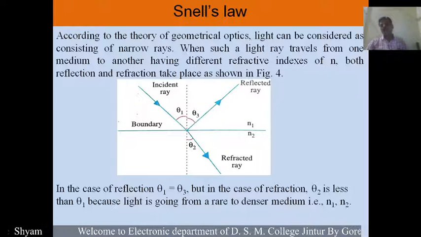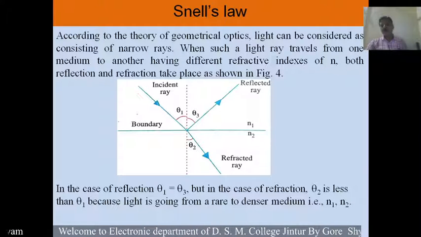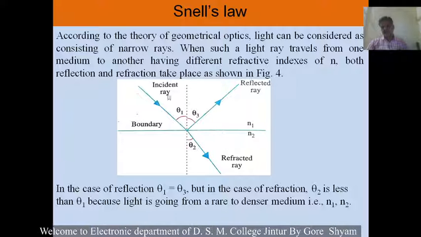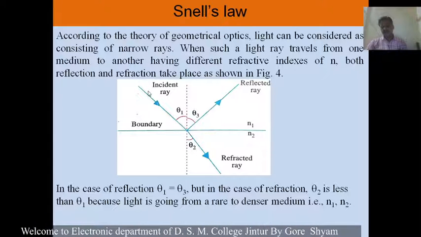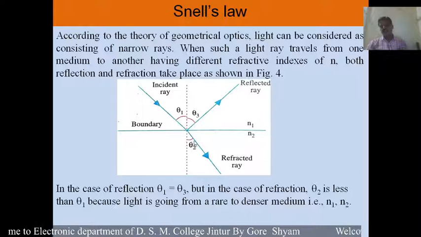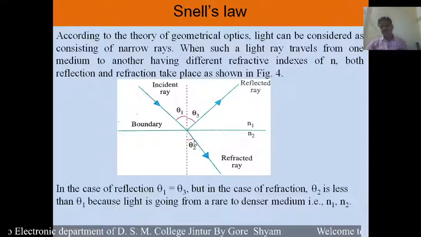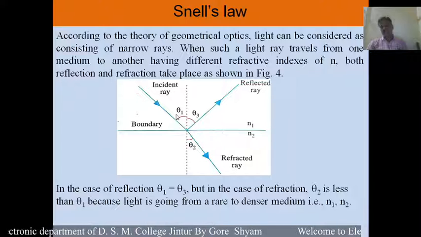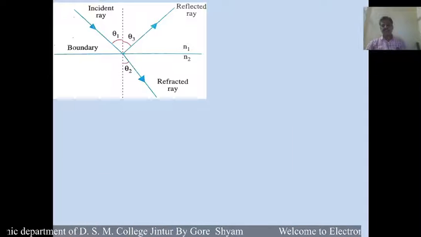Okay, and this is the example of refraction. When the light comes from the rare medium to the denser medium, then the angle of refraction is less than the angle of incidence.